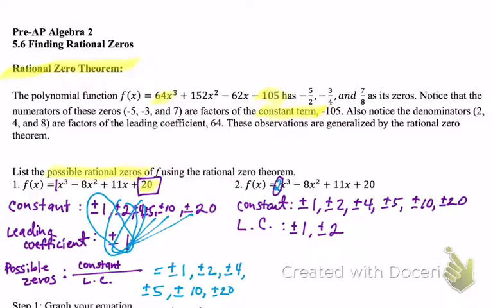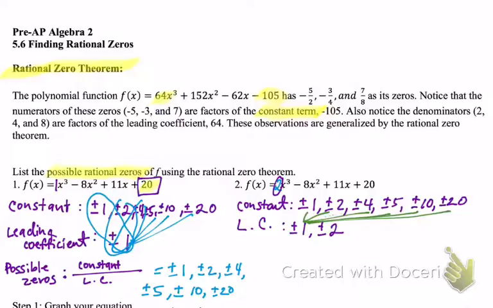So what I'm going to do is combine, so it's like I'm connecting the dots. I'm going to say that all of my possible zeros are either plus or minus 1, so I'm going to rewrite all of my constants because plus or minus 1 over plus or minus 1 stays the same.